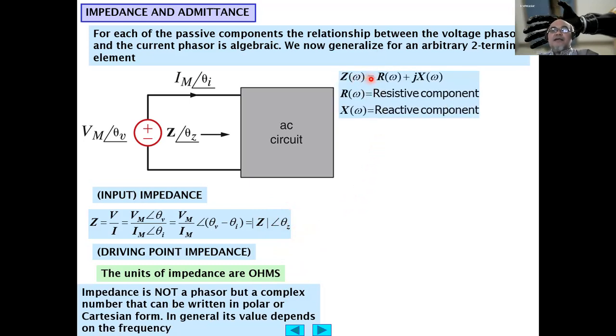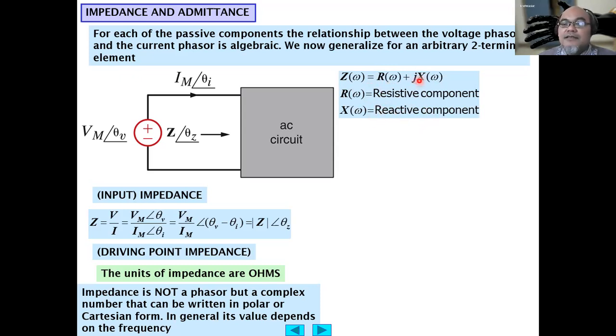So Z of omega equals R of omega plus jX of omega. You have done this in the practicum, in the lab practice. R of omega is the resistive component and X of omega is the reactive component.